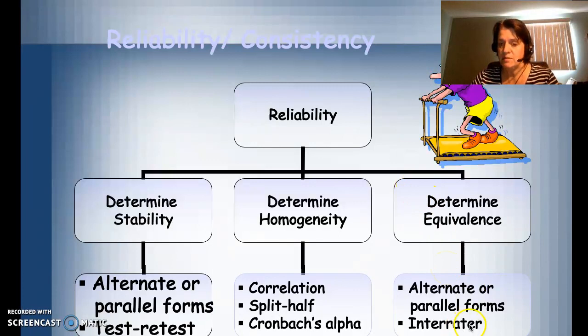Inter-rater reliability: if you have more than one person collecting data, especially in a study where you're observing a behavior and maybe giving a checklist for certain behaviors, you would make sure that all of your researchers are consistently agreeing on that.